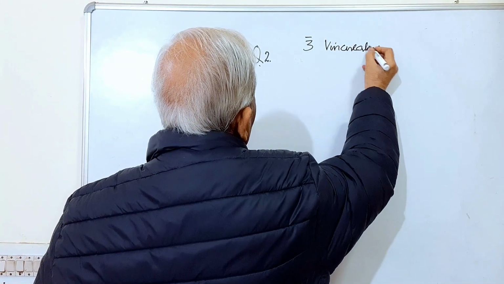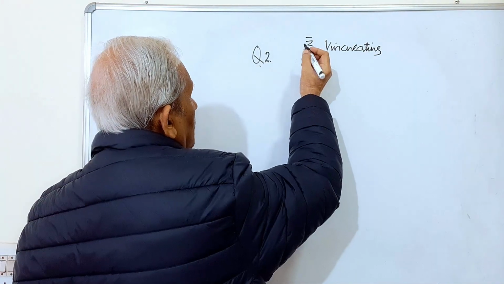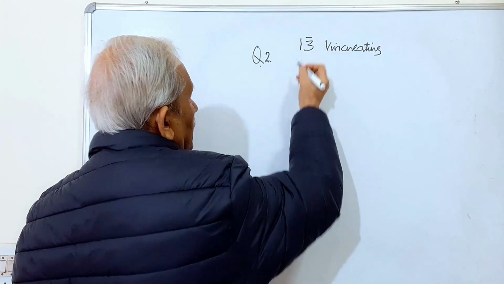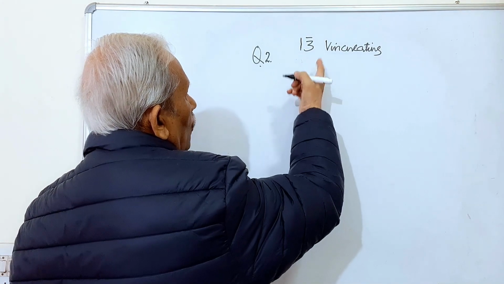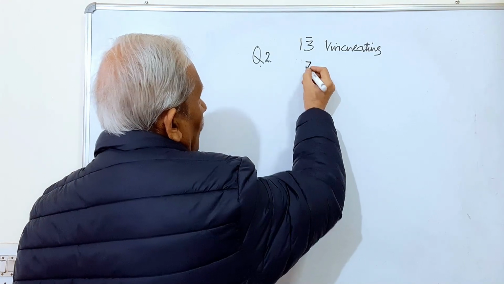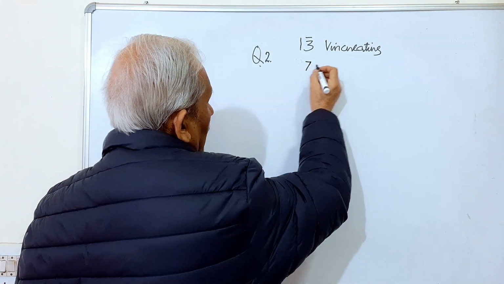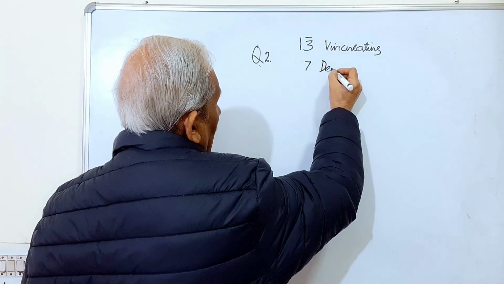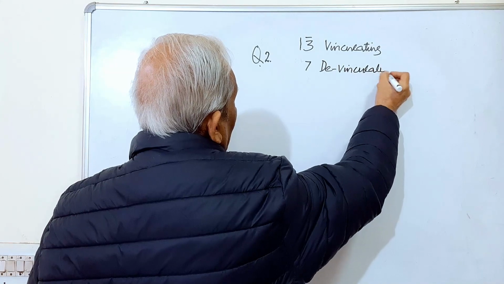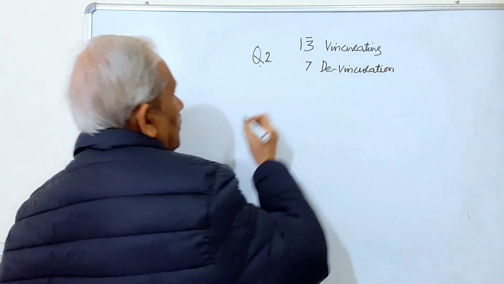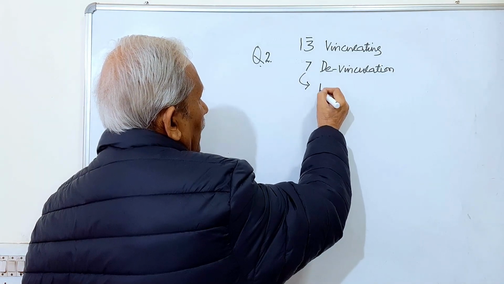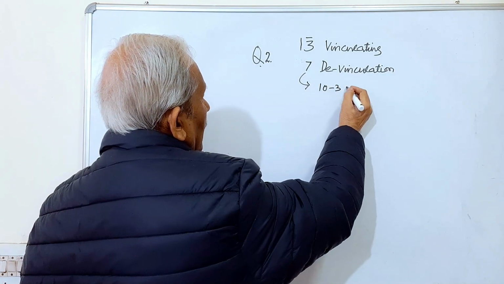And once this is 3 bar, if you convert it into a normal number, say for example the number is 13 bar, the normal number is 7, because 7 can be written as 10 minus 3, which is equal to 7.